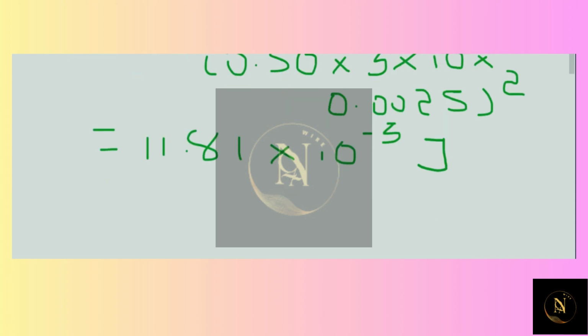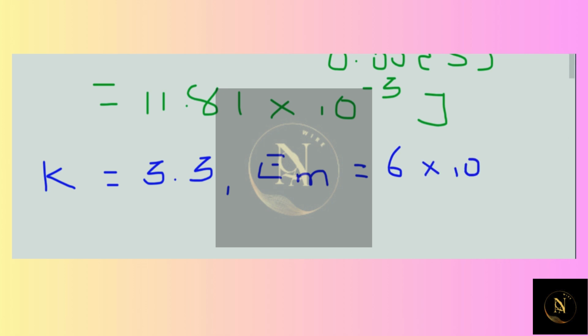Now, polyester has the K value 3.3 and EM value is 6 into 10 to power 7 volt per meter.